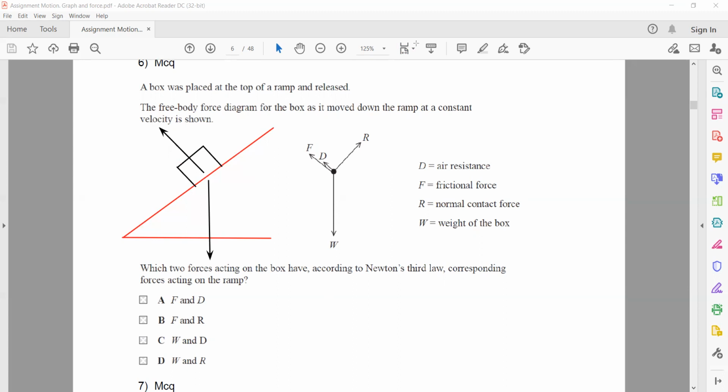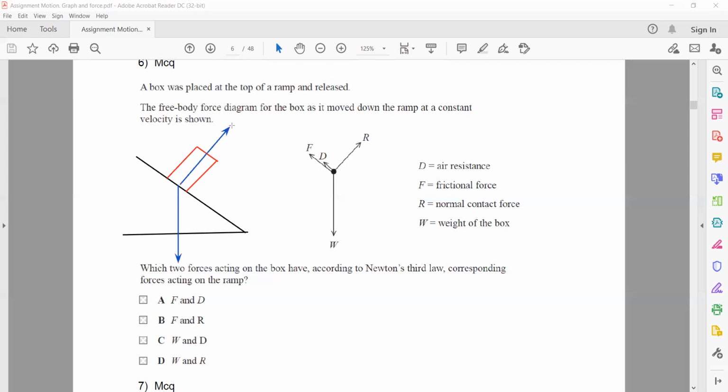And it is actually in this manner that the object is placed on the ramp. So weight of the object is acting downward, normal contact force is there, friction tries to resist, and there is also air resistance. And this is a drag or air resistance.